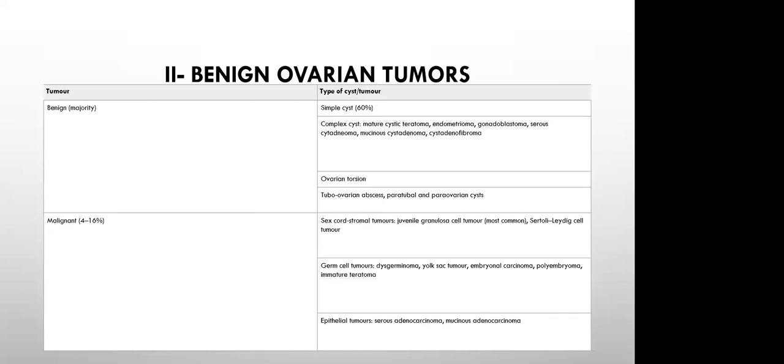But tubo-ovarian abscess is dramatically associated with high-grade fever, while ovarian torsion is characteristically associated with periodic unilateral pain.